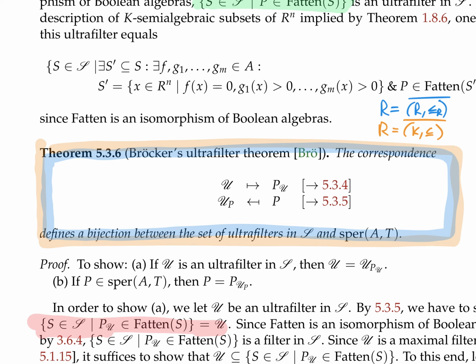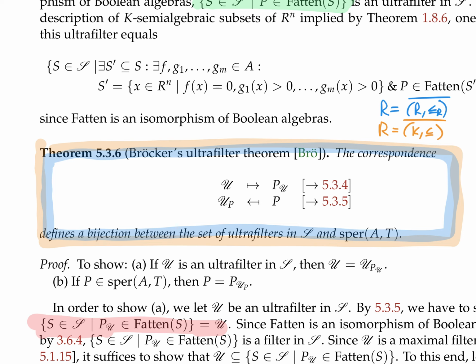So from a prime cone in a polynomial ring over R, I get a prime cone in a polynomial ring over K, which contains the preorder T, which contains the non-negative elements of an ordered field K less than or equal, and this is a bijection, right?